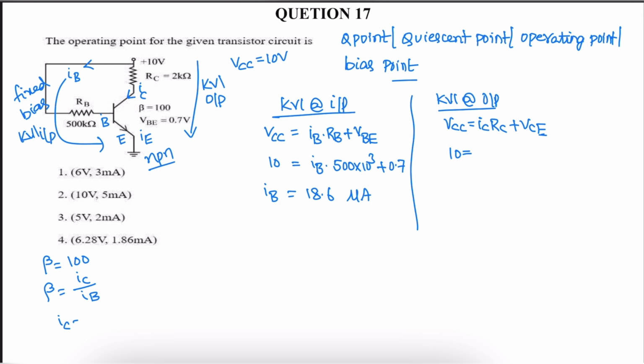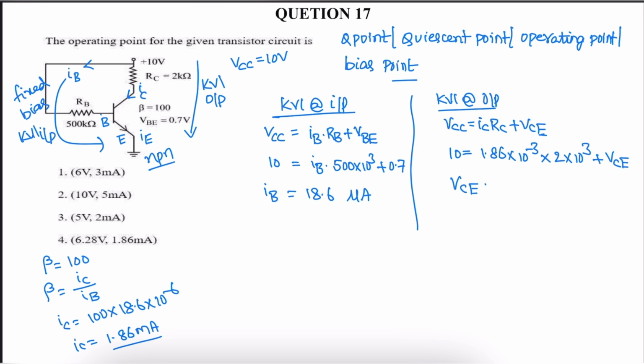Now collector current IC is 100 times the base current, 100 into 18.6 micro, that is 10 power minus 6, that is 1.86 milliamperes. 1.86 milli, 10 power minus 3, and collector resistance is 2 kilo ohms, 2 into 10 cube, plus VCE.